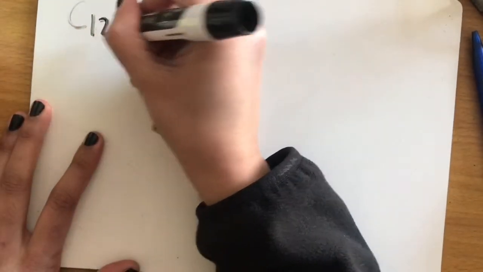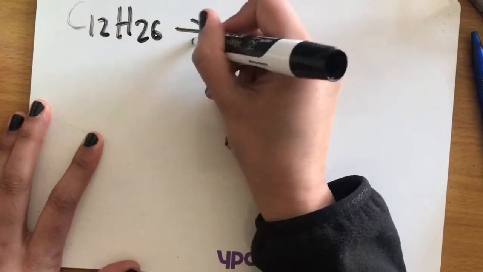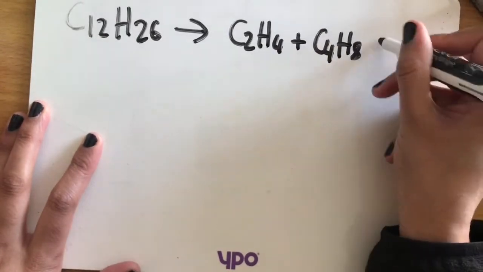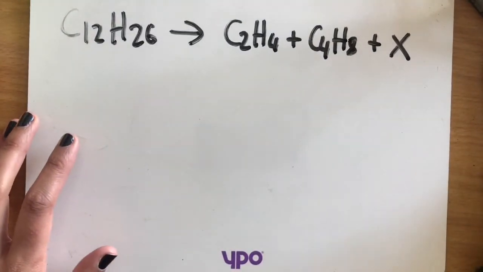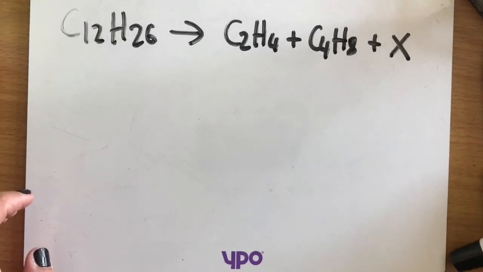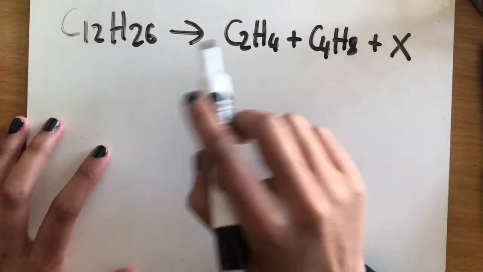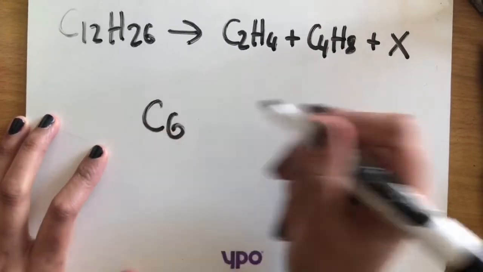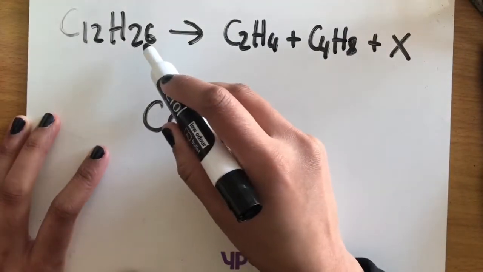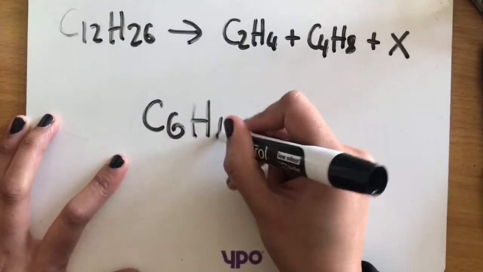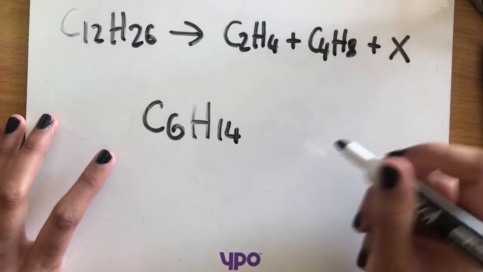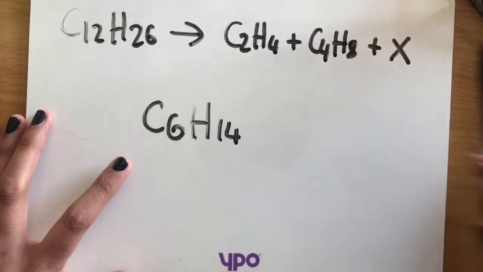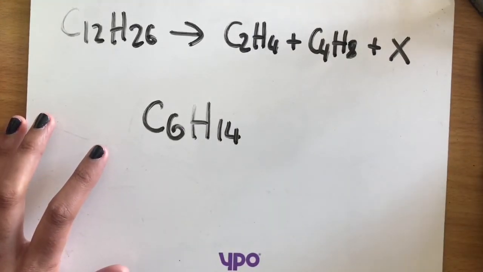So we had C12H26 producing C2H4 and C4H8 plus molecule X. So part B, it says identify compound X. Very simply, you just need to take 2 plus 4 from 12, which is going to leave us with 6 carbons, and then 4 plus 8, which is 12, taken away from 26 will leave us with 14 hydrogens, sorry. So this is actually the formula for hexane. Okay, so that was the identity of X.